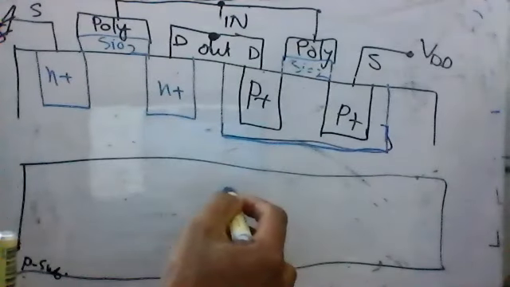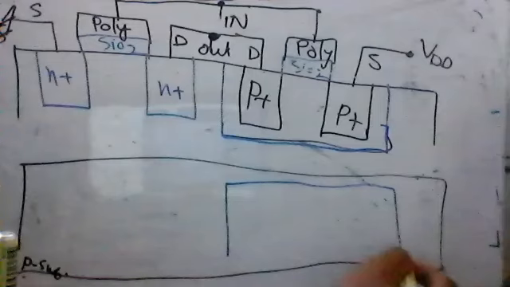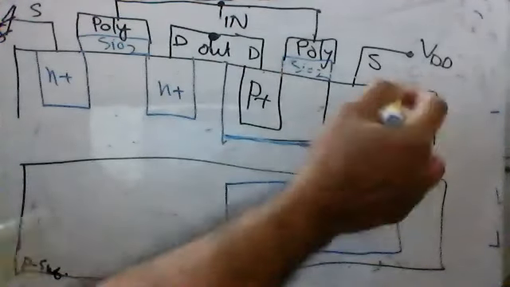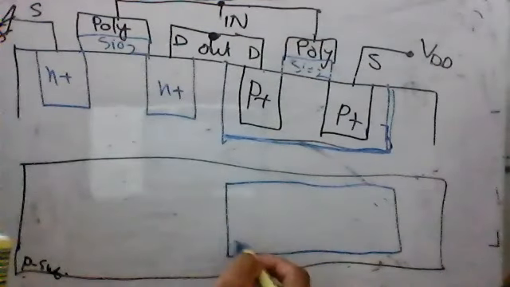We will see a big hole like this. This is the N-well, this line, this thing will be shown from the top. So this is called the N-well.